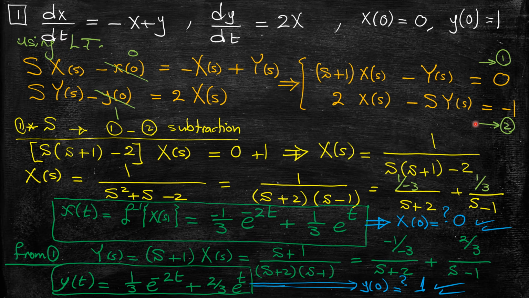For y, I can get y from the second equation, or from the first equation, if it's much easier to use the s domain. In the other case, one can think about it. Just use this equation here, dx by dt equal minus x plus y. So we have x, and we have dx by dt for sure. It's the derivative.